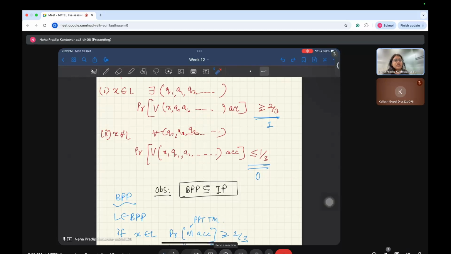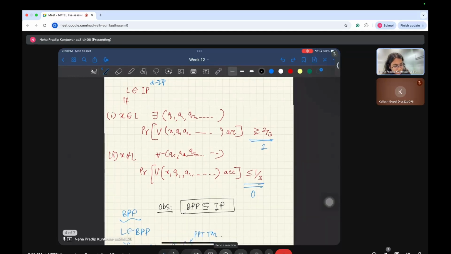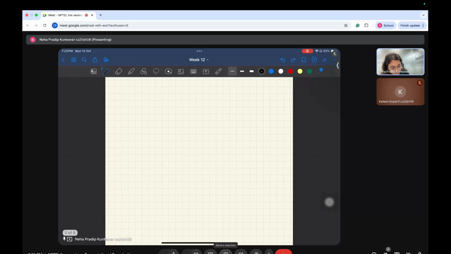Then, without even using the prover, we will end up accepting an X in the language with probability 2/3 and rejecting an X not in the language with probability 2/3. So without using any power, we can simulate BPP using IP. Therefore BPP is contained in IP. This is a straightforward observation. And to draw the picture, we have P, and P is contained in NP. We know BPP contains P, but we don't know the relation between NP and BPP.